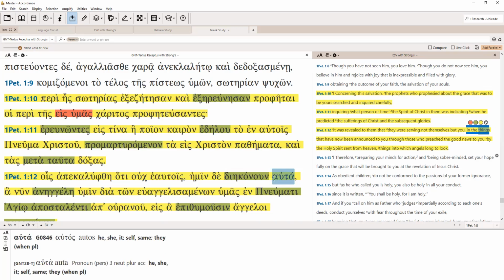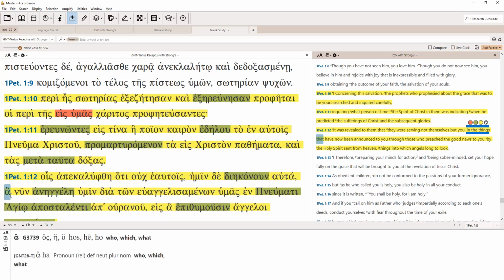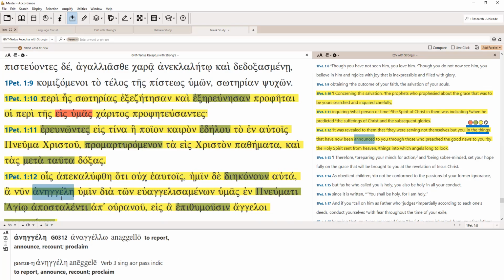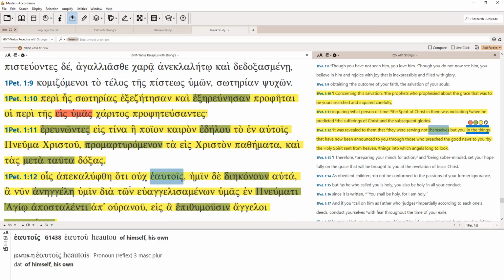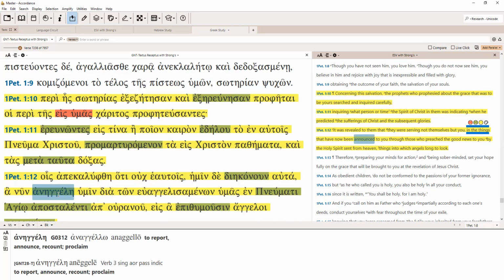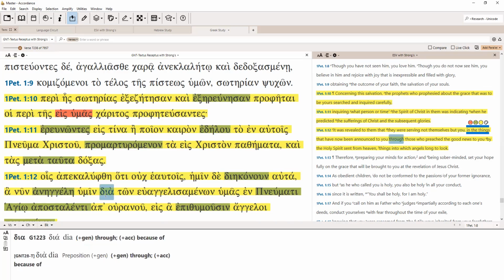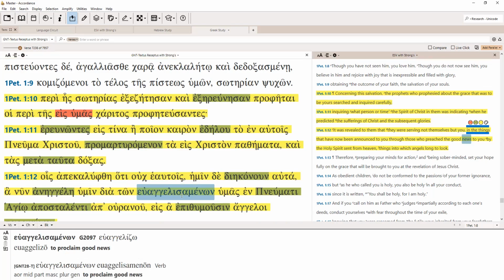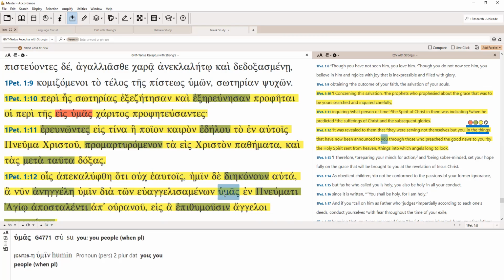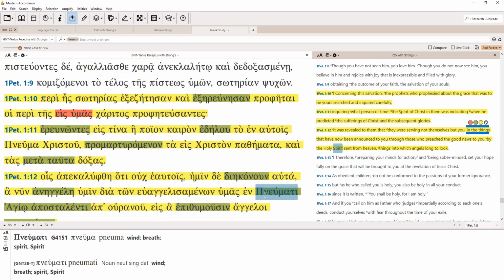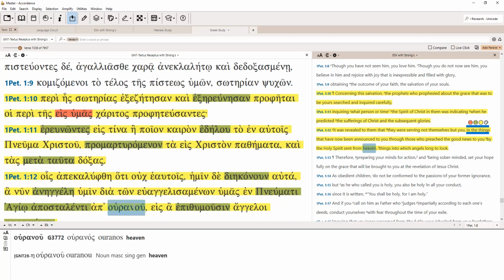So these things, han, which now, that have now been announced, in aorist, been announced to you, through those who preached the good news to you in the Holy Spirit or by the Holy Spirit sent from heaven.